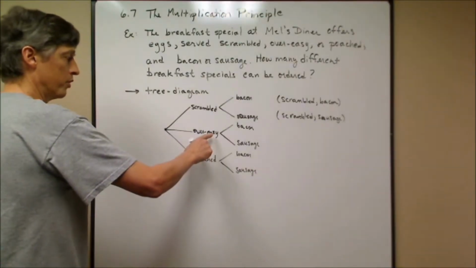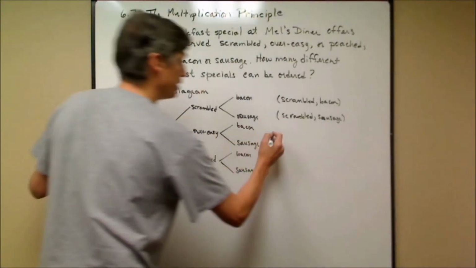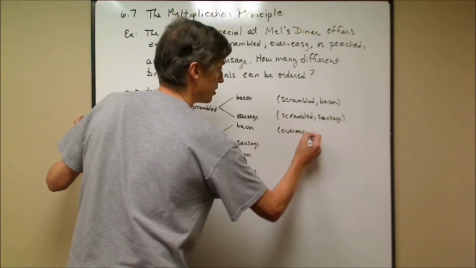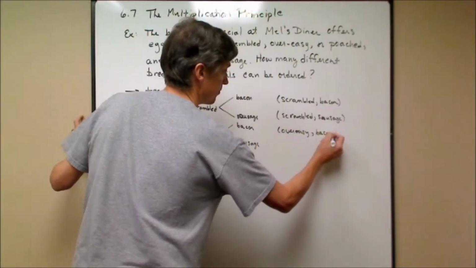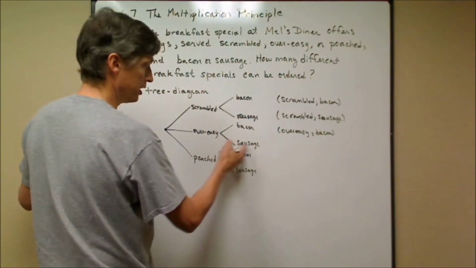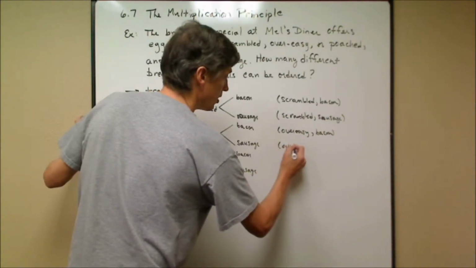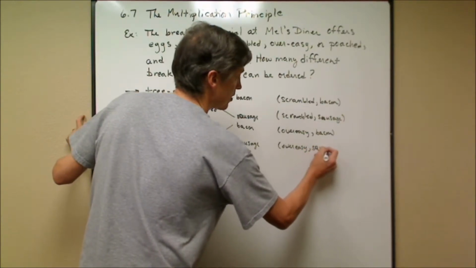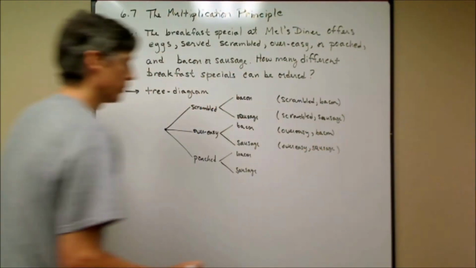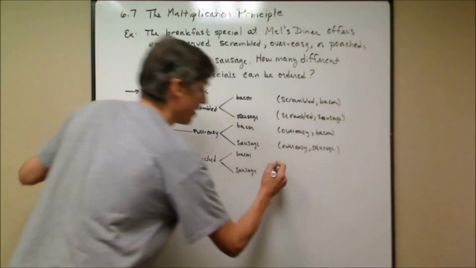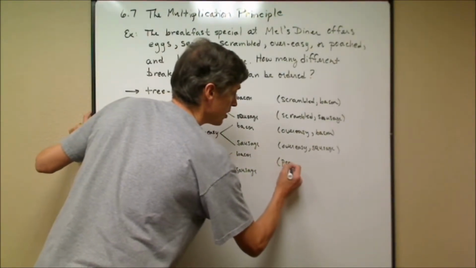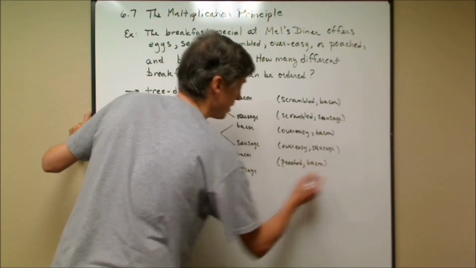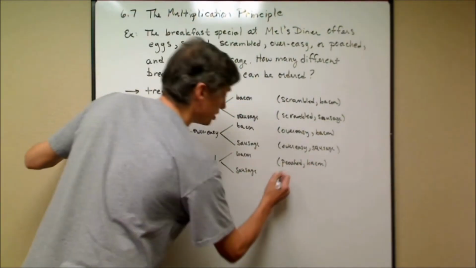Similarly, if I go to the middle and I have over easy, I can have over easy eggs and bacon, or I can have over easy and then the sausage. Okay, if I pick poached, I can have that with bacon, or I can have poached with sausage.